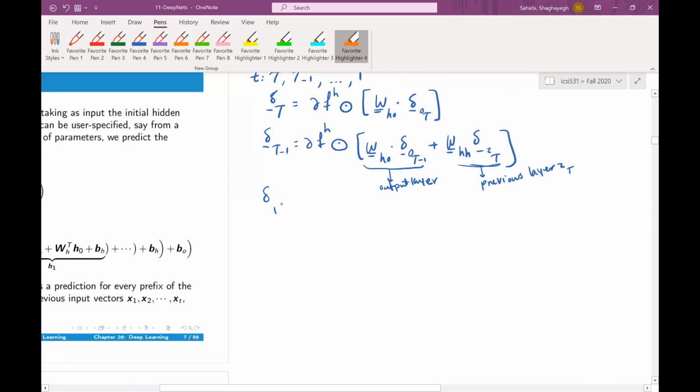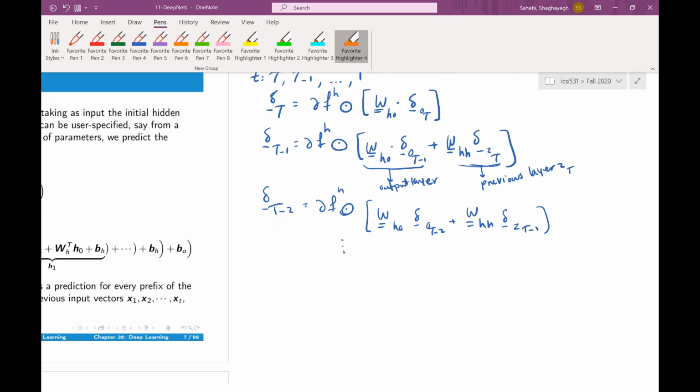So for tau minus 2, the net gradient is going to be f_h derivative, element-wise product with W_HO times the net gradient of O tau minus 2, plus W_HH times the net gradient of Z tau minus 1, etc. So this is how we are going to backpropagate the error using the net gradients.